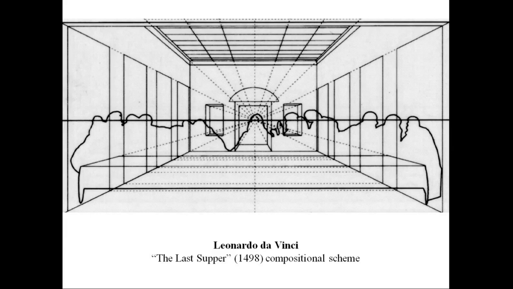I show it again. An interesting feature of this composition is that we can see one central vanishing point on the horizontal line, and Leonardo emphasized our attention on this point, which is where Jesus Christ's head is painted. We can see that all the architectural lines are strongly directed into this central point.